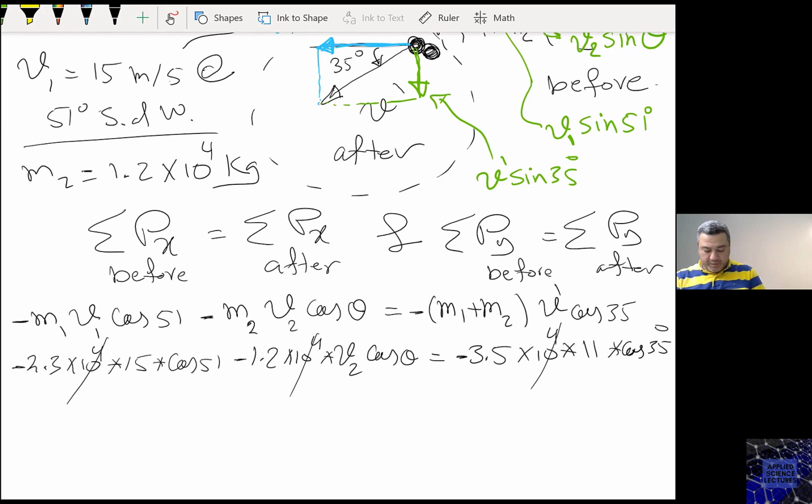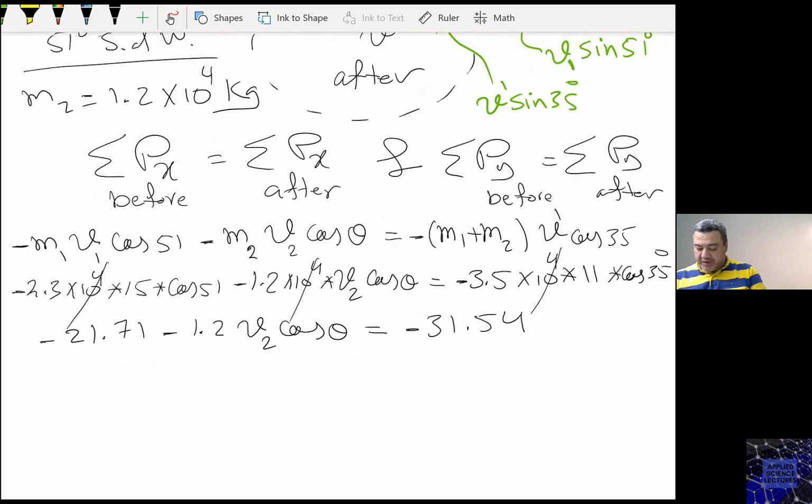And then we have cosine 51 times 15 times 2.3 as minus 21.71, minus 1.2 v2 cosine theta equals to cosine 35 times 11 times 3.5 equals to minus 31.54.